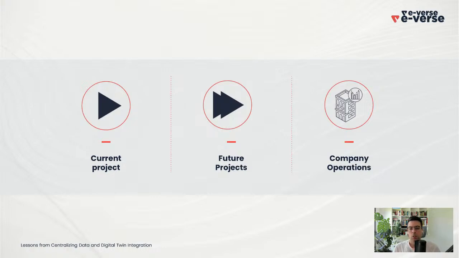So we divided this into three: current project, future projects, and company operations. We wanted to improve these three things. For the current project, we wanted to analyze and get benefits from the data on the current project. Also, when starting a project in the future, I want historical data, and improvements for future projects as well.